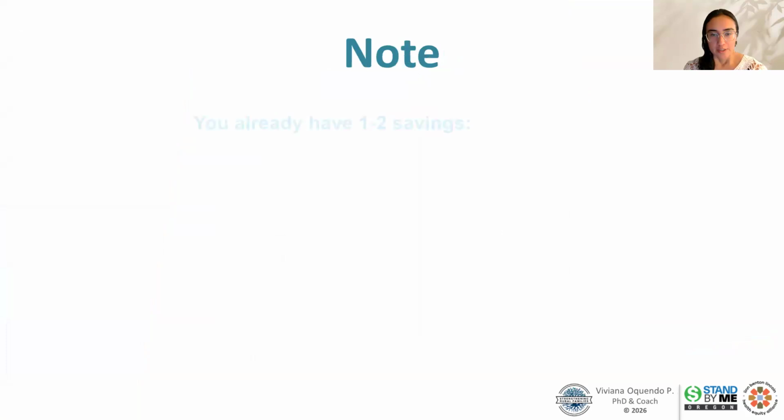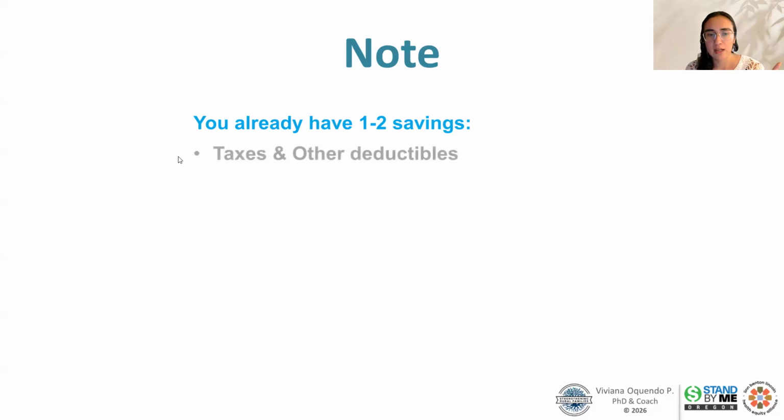Please note that something that happens with a lot of people is that they start the process saying they don't have money to save, that they don't have savings. Other people do, but please notice that in any case, at this point of the training, you already have at least 1 or 2 savings.